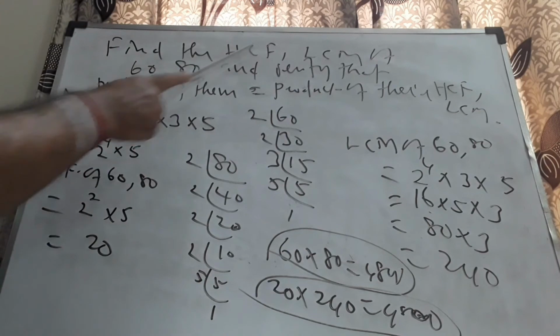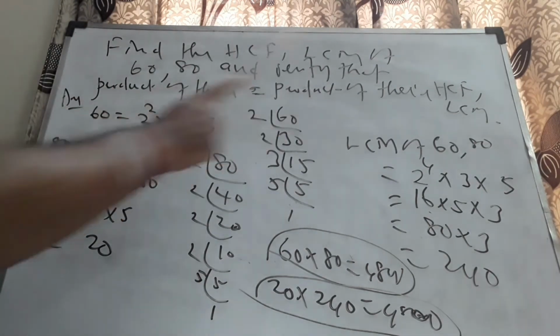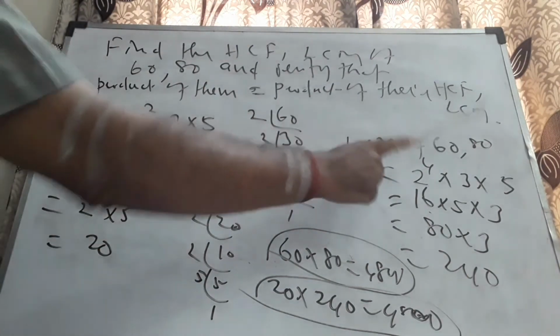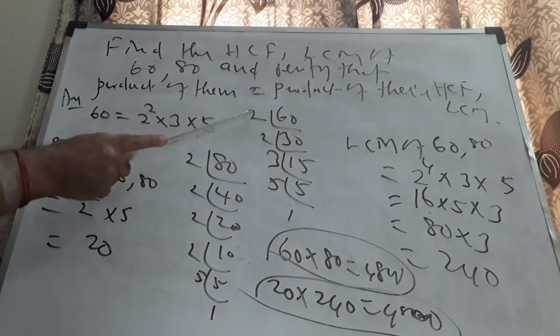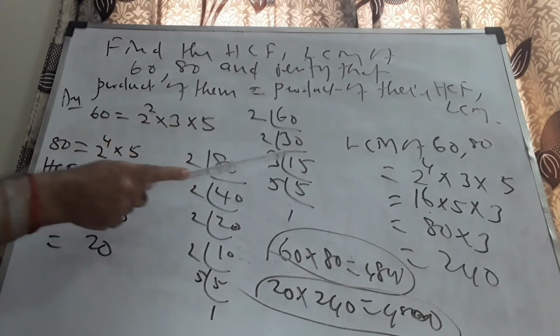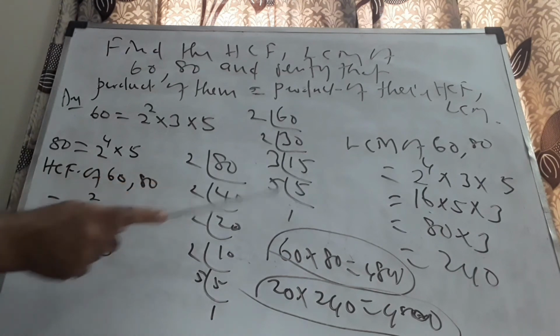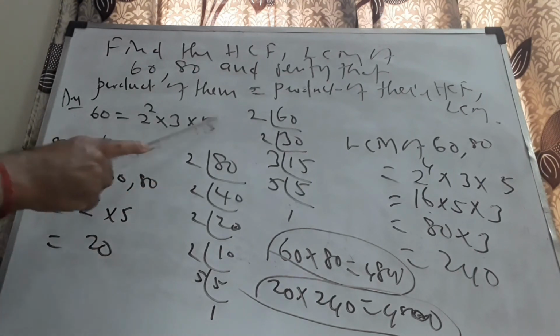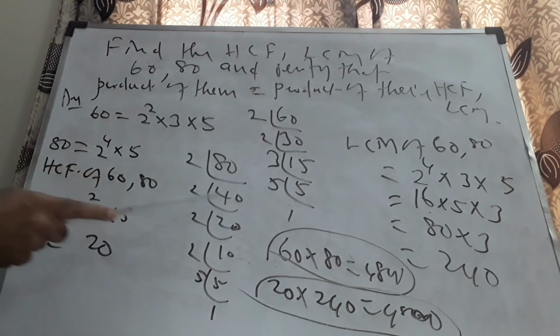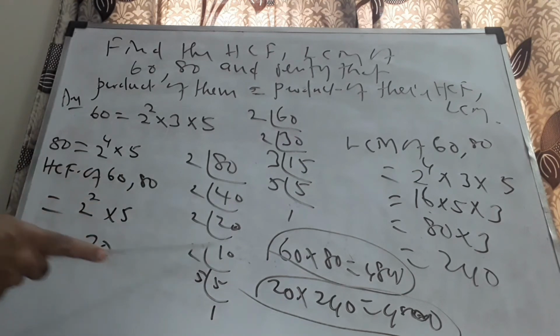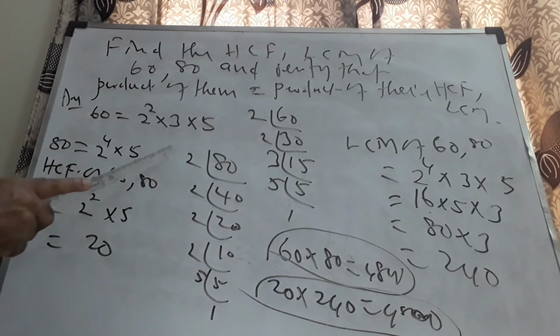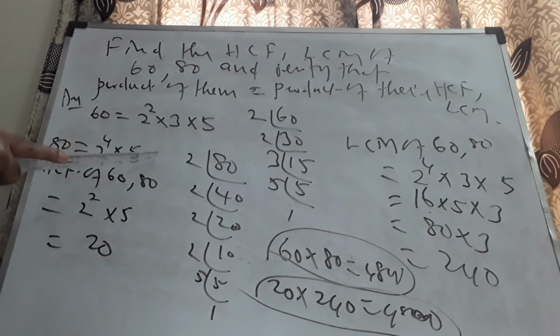Let me repeat: find the HCF and LCM of 60, 80 and verify that the product of them equals the product of their HCF and LCM. 60 divided by 2 is 30, 30 divided by 2 is 15, 15 divided by 3 is 5, 5 divided by 5 is 1. Therefore it is 2 square into 3 into 5. 80 divided by 2 is 40, 40 by 2 is 20, 20 by 2 is 10, 10 by 2 is 5, 5 by 5 is 1. There are four 2s, therefore 2 power 4 into 5. Out of 2 power 4 and 2 square, the lower power is 2 square. Out of 3 and 3 power 0, the lower power is 3 power 0, so I won't take it.